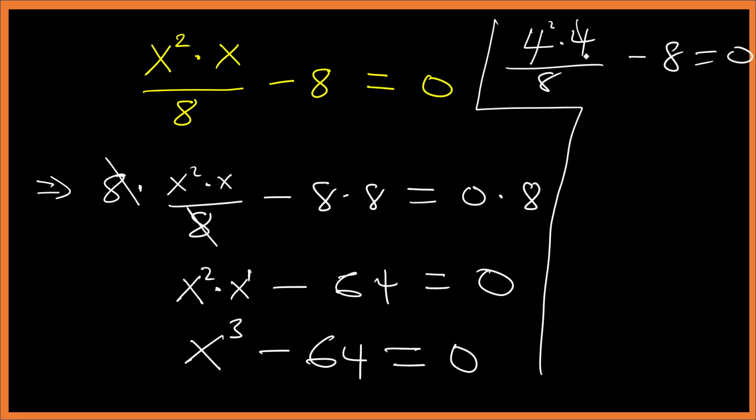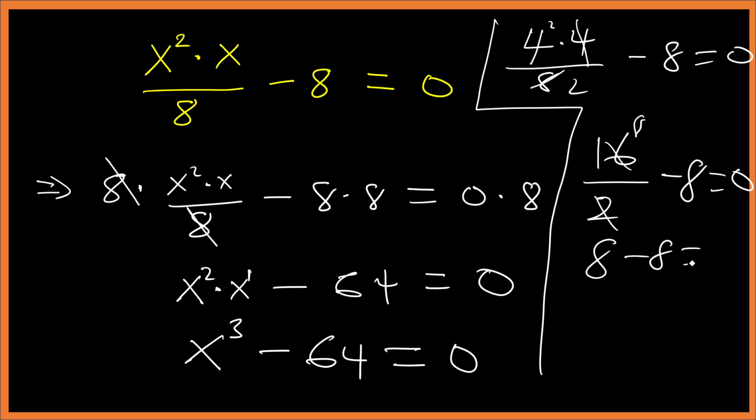So 4 squared is 16. So we have 16 on 2 minus 8 equal to 0. 16 on 2 is 8. 8 minus 8 is equal to 0. Hence proved.